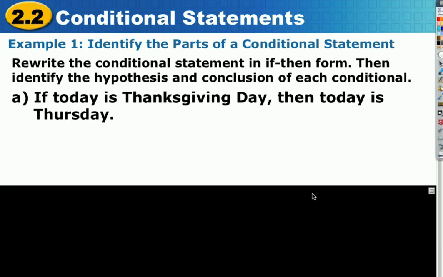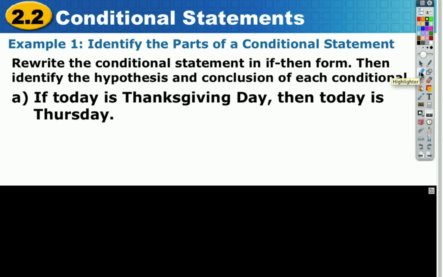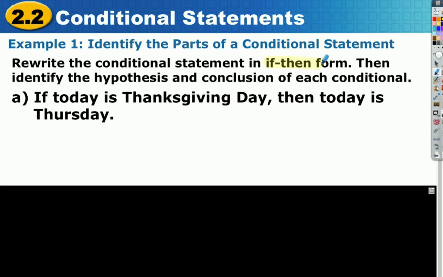But you do need to write each example because everything's going to be based off the example. So first, we want to rewrite the conditional statement in if-then form. Then we want to identify the hypothesis and the conclusion. So if-then form first, then hypothesis, then conclusion.